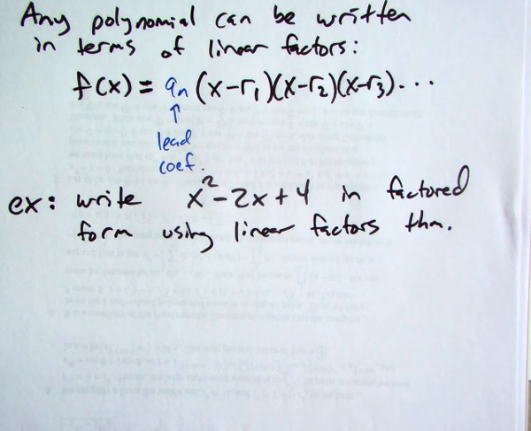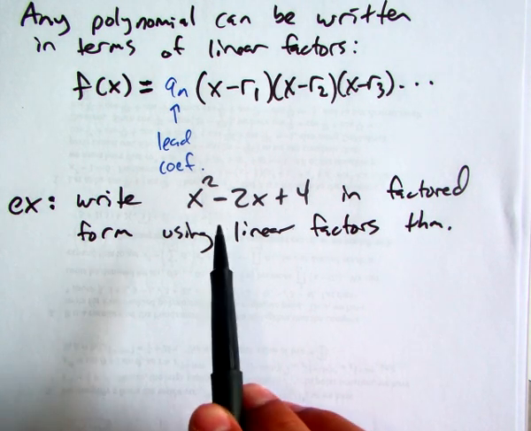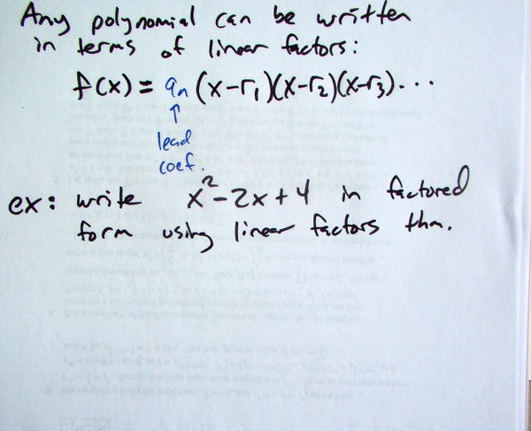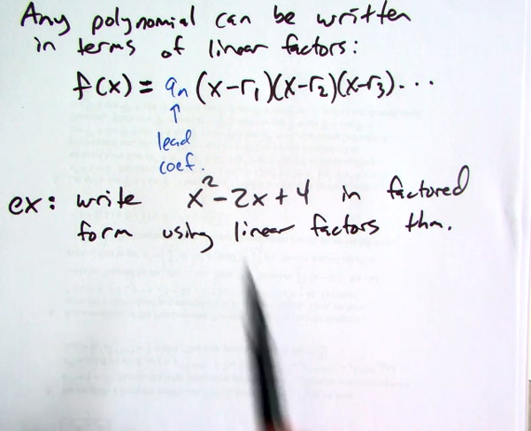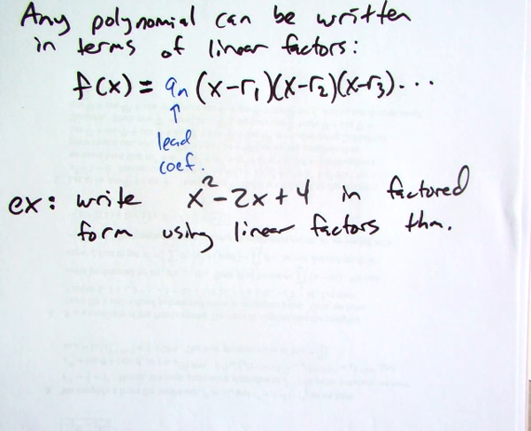So first, you would see if you can factor it the way you normally factor things, which in this case, can you? How? (x minus 2) squared would give me x squared minus 4x plus 4. You cannot factor it.